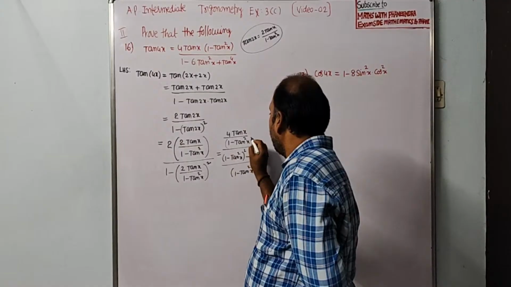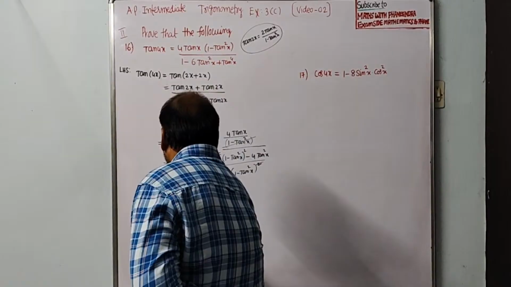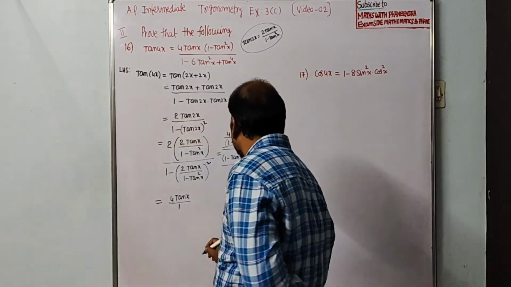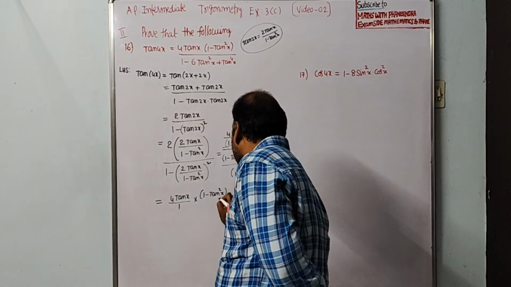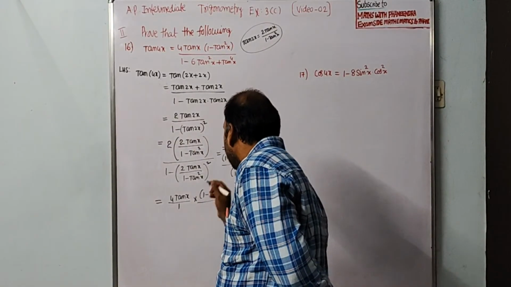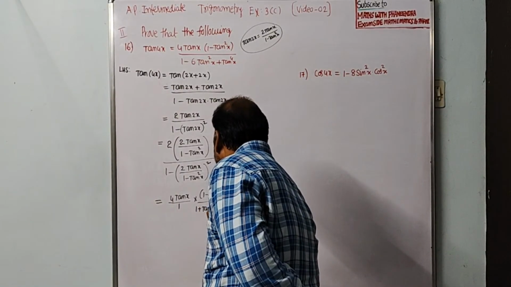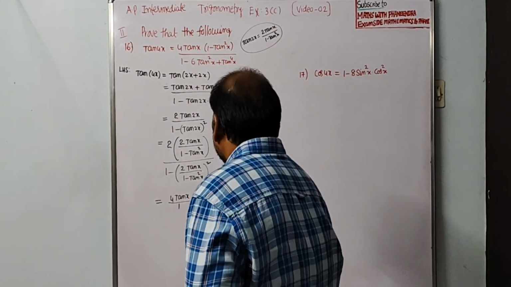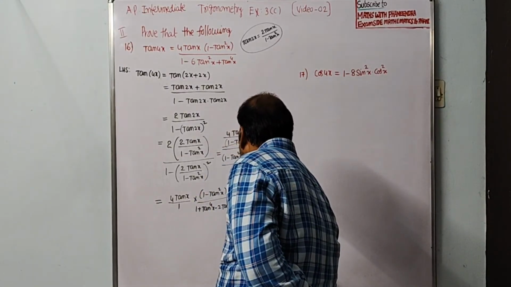So one of the (1 minus tan square x) is going to get cancelled. The rest of the terms: 4 tan x into (1 minus tan square x) divided by 1 plus tan power 4 x minus 2 tan square x minus 4 tan square x.